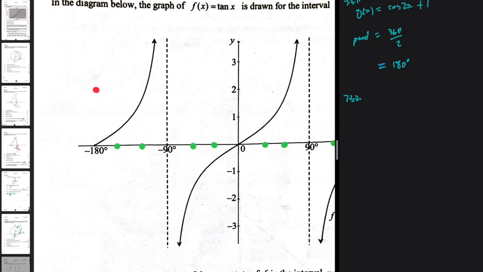3 over 2, which is 1.5. So somewhere here. I want these dots to be straight. And then let me substitute minus 120. I get a half. So there we go. And then when I substitute minus 90, I get 0.